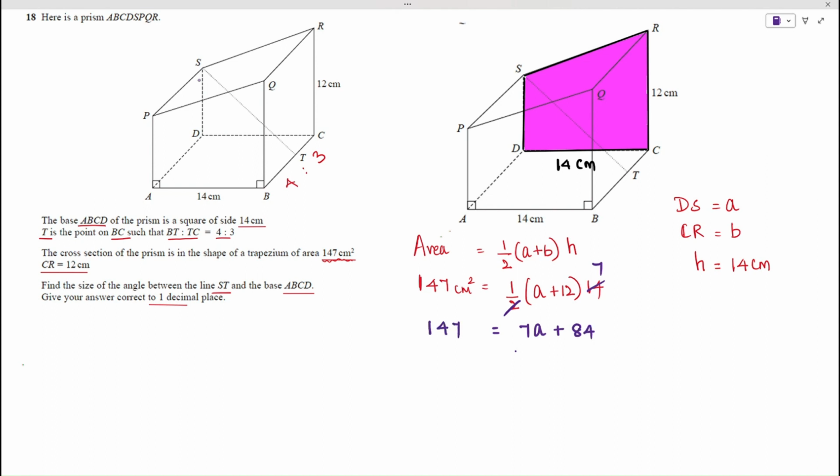So we've multiplied 7 into our bracket. Now we subtract 84 from both sides. So we get 147 minus 84 is equal to 7A. This gives us 63 is equal to 7A. Now if we divide both sides by 7, we get A is equal to 9. Now we have found the length of DS as 9.